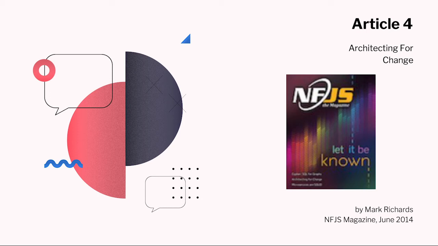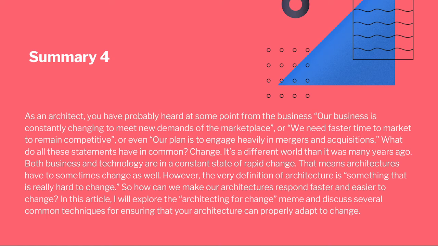I would like to explain the summary of the fourth article in Software Design Architecture, which is Architecting for Change. It was published in NFJS magazine, June 2014, by Mark Richards. This article is about the perspective of an architect on the need for change. This happens because of the constant state of rapid development of both business and technology.